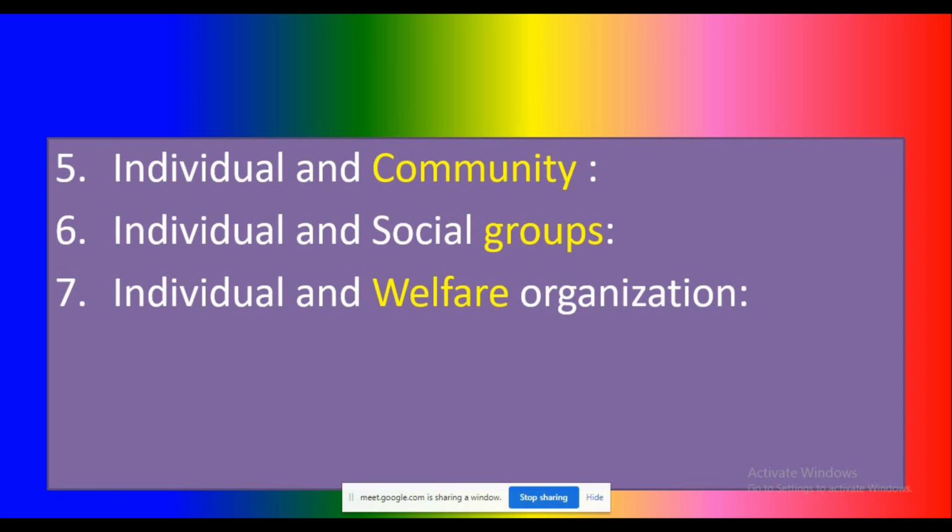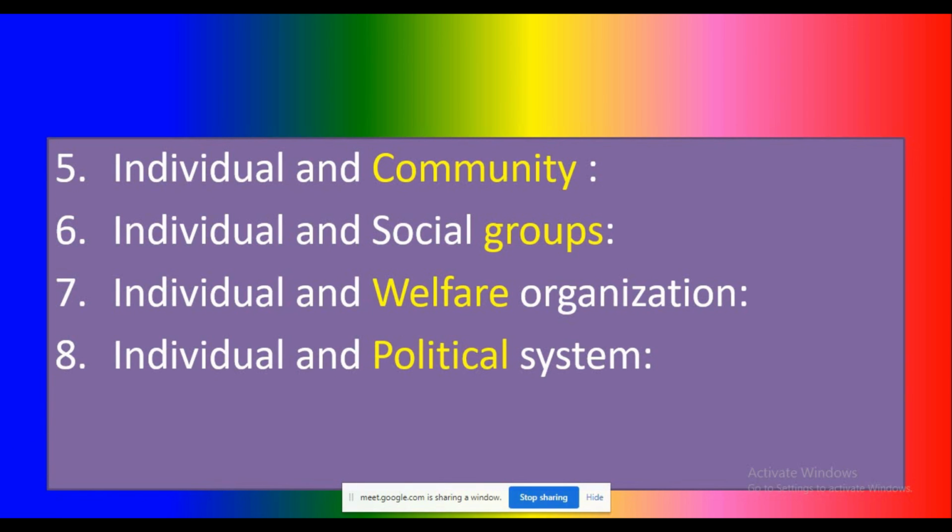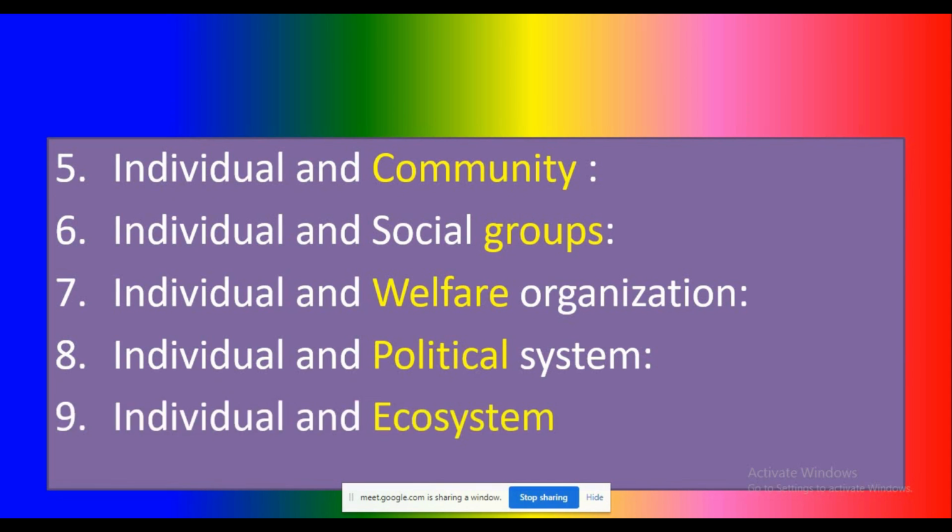Then welfare organizations. The individual does welfare work and interacts with welfare organizations to support the well-being of vulnerable sections, mainly children, women, elders and the disabled. Then individuals interact with government to fulfill their political power need, in a democratic system to govern the people democratically.